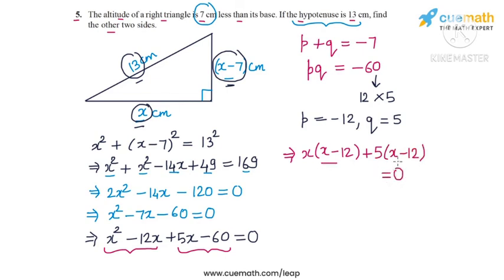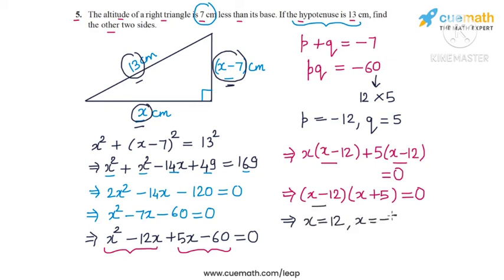So we have this common factor of x minus 12 now, so let's take that out. So we get x minus 12 times x plus 5 equal to 0, and now we can see that the two roots of this equation are x equal to 12, the 0 of the first factor, and x equal to minus 5, which is the 0 of the second factor.